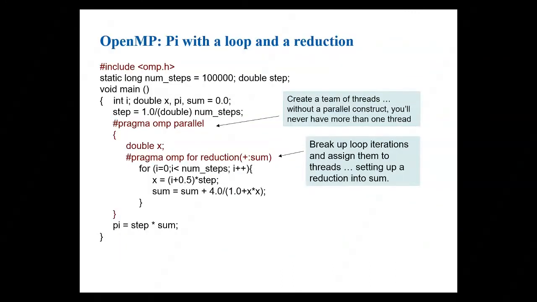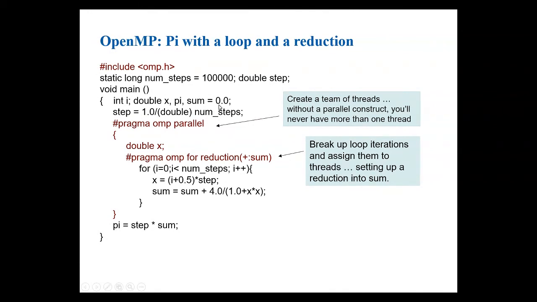So the same code, if we want to apply OpenMP to run it in parallel, is straightforward. Here is a sample code: calculate pi using OpenMP with the worksharing loop construct and the reduction. OpenMP comes with a header file that defines library routines and the environment, so there's a header file you need to include in your code.